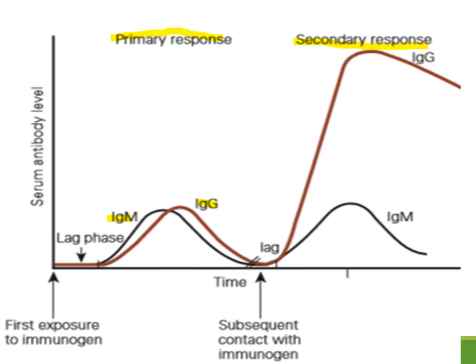Now, the main characteristic of your IgG is that it is able to develop memory cells. That is one of the special features of your IgG. Let's take for example the chickenpox virus.